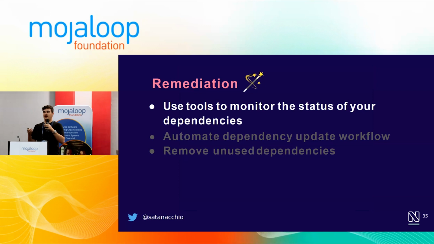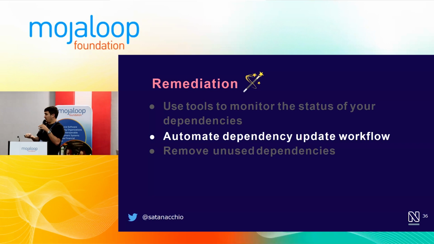So I spent last year creating this system to constantly check every week for new dependencies and update them. Automate the dependency update workflow, and it's exactly what I've been doing on the Node.js project.